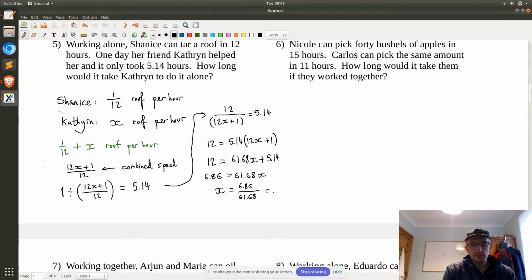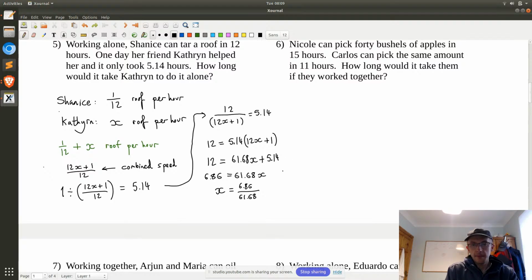Okay, so the answer that we have is 0.111219, etc. Because it's 0.111, that's very close to 1/9.